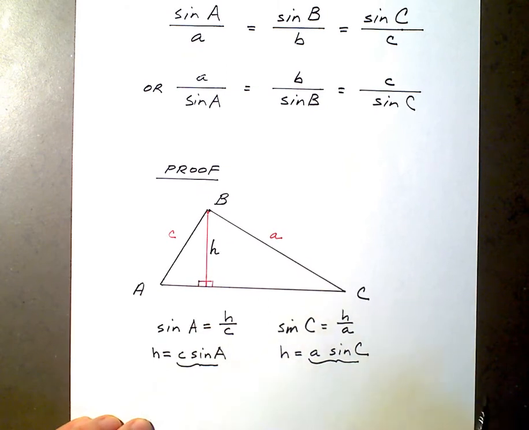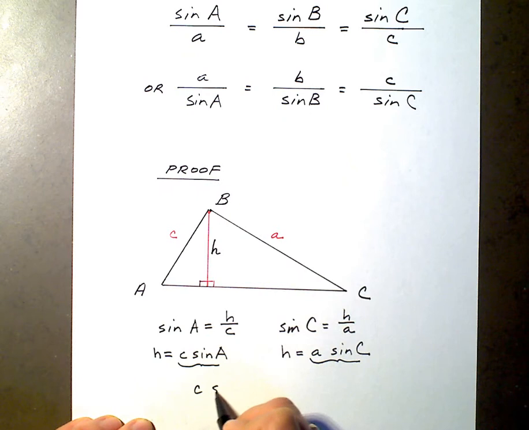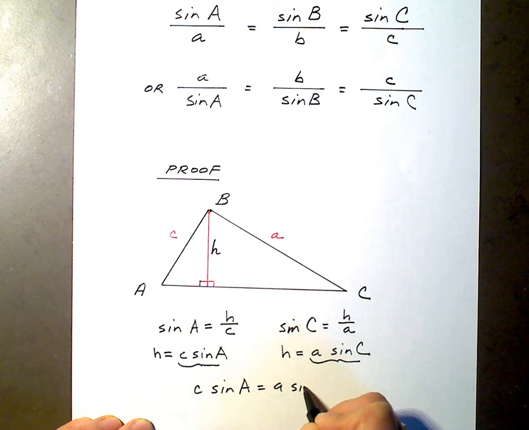So I can equate them. So C times the sine of angle A is equal to A times the sine of angle C.